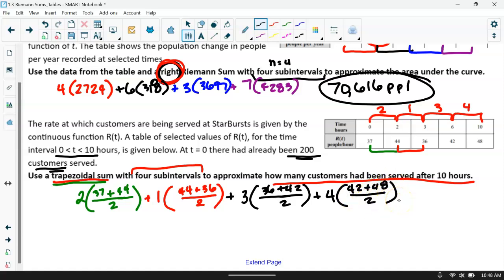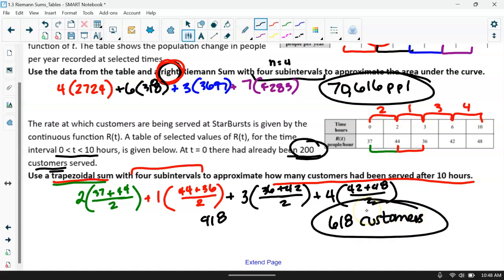When you simplify, you get 418. However, does that mean that that's how many customers were served? 418? No, because remember, at t is equal to 0, they had already served 200 customers. So how many customers had been served after 10 hours? 618 customers. Don't forget that 200 that were served before the start of the collection of data here.